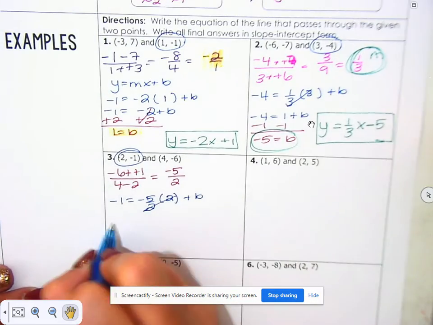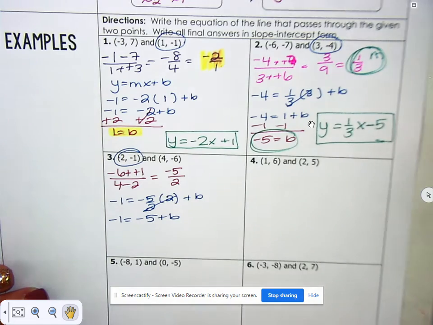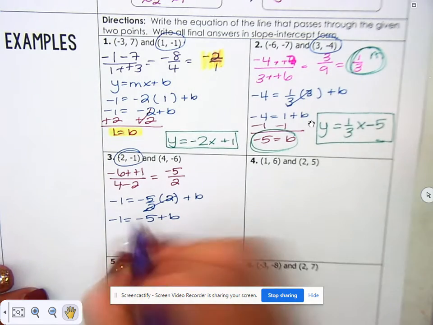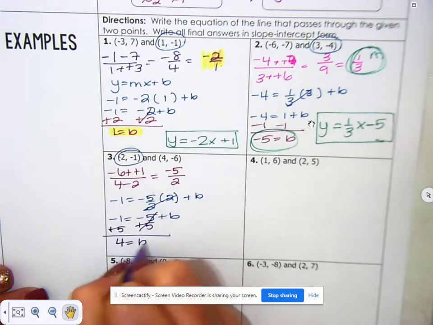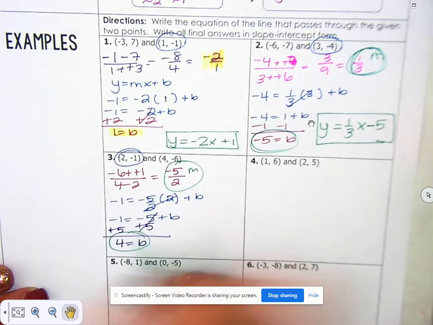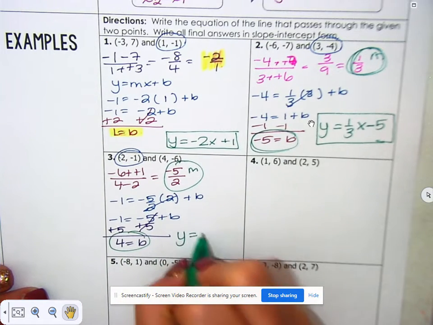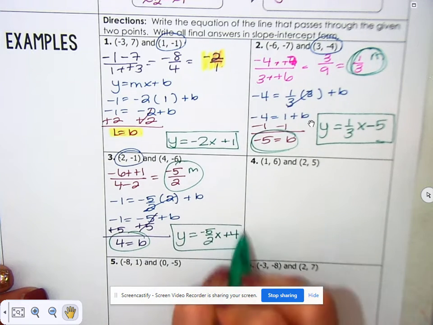And we're going to simplify. The 2's cancel, so negative 1 equals negative 5 plus b. And I'm going to solve that out. So I'm going to add my 5. So 4 equals b. Once I have my m up here and my b, I can write my equation. Y equals negative 5 over 2x plus 4.